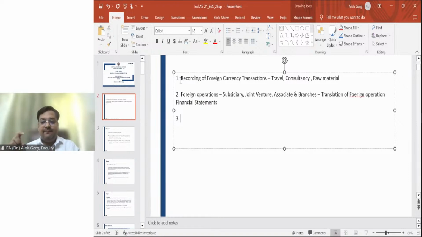So in this case, Reliance has a functional currency of INR. I'll discuss what functional currency is, but for the time being, Reliance is preparing its financial statement in INR. But now Reliance is required to present its financial statement because it is getting a loan from the foreign lender. So Reliance has to convert its INR financial statement into a Japanese yen financial statement, right?